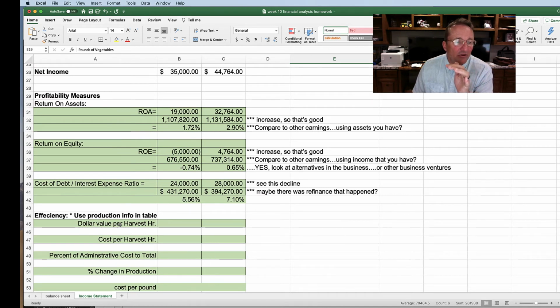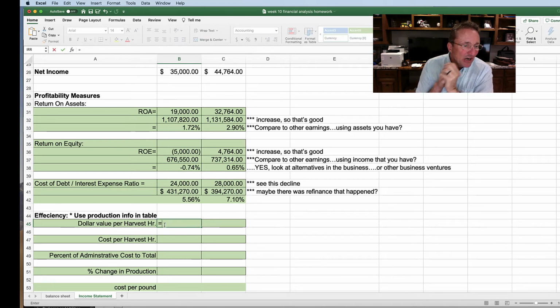Dollar value per harvest hour. All right, so how much are we making per harvest hour? They're harvesting them for us. So really, I just equals. I need the dollar value so I can go get harvest hours, and that'll give me the per value.